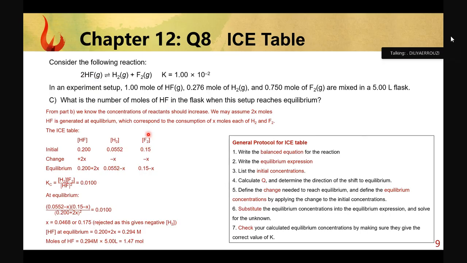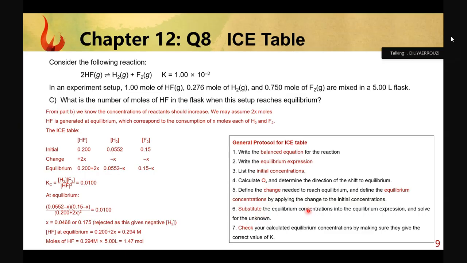So the change is x of hydrogen and x of fluorine to produce 2x, there is a 2 right there, of hydrogen fluoride. This is our change. Then define the equilibrium concentration: after the change, we plus 2x, minus x, minus x. This is the concentration when it reaches equilibrium.